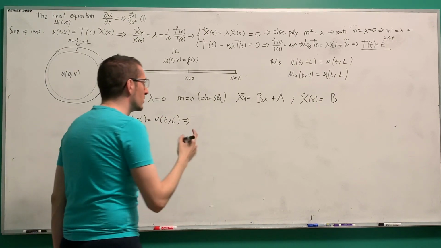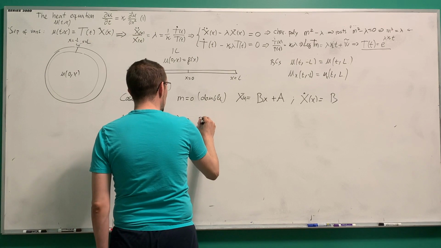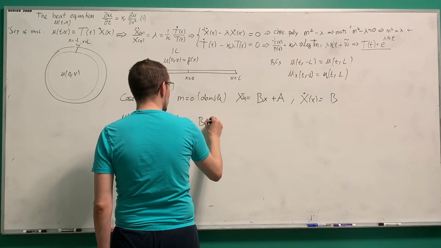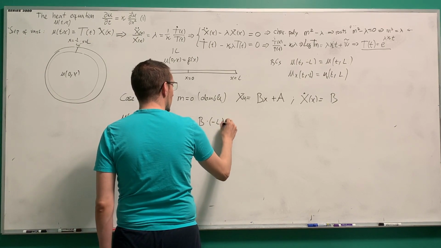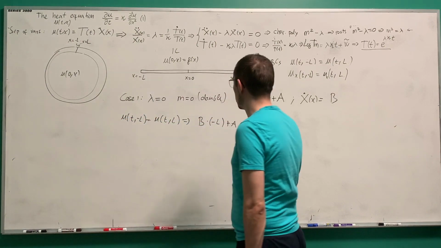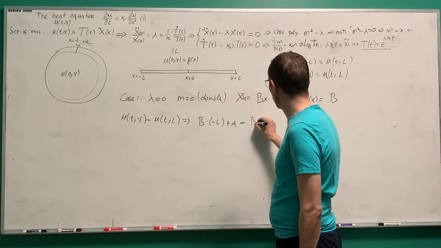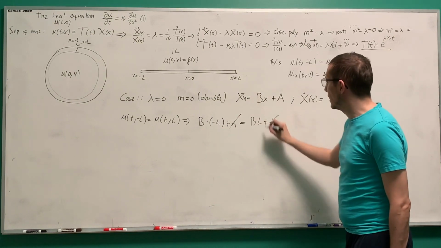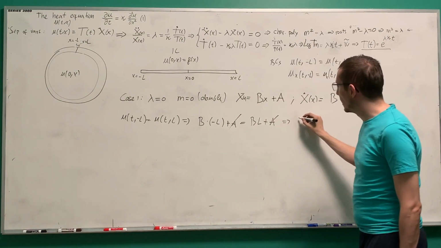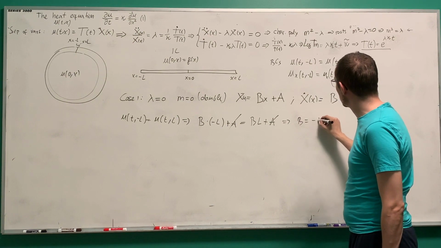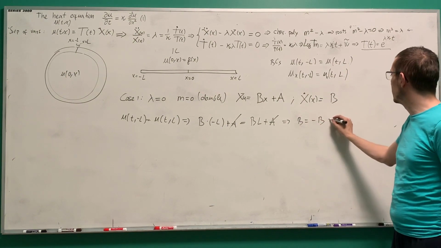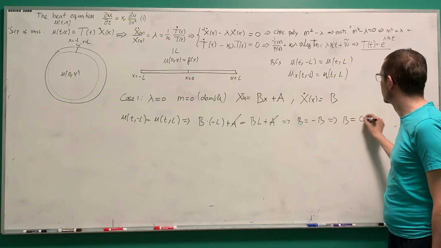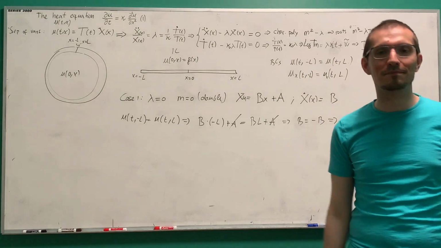So that means that b times minus l plus a is equal to b l plus a. The a is cancelled, the l is cancelled, so what I get here is that b is equal to minus b. Aha, well that means that b is 0. There's no b in this problem.